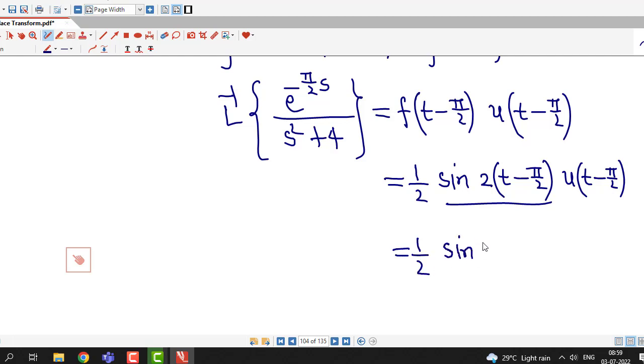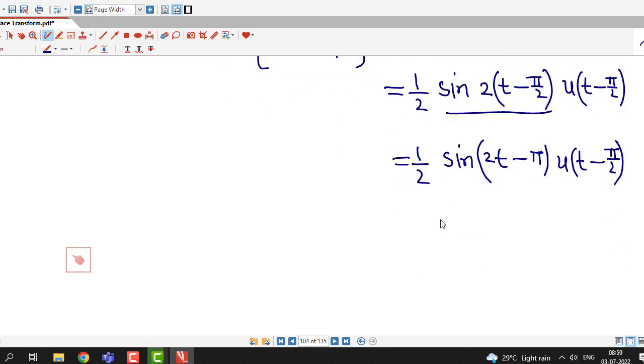So this is sin of 2 times t minus 2 into pi by 2, that is pi, into the unit step function at point pi by 2. And sine function is an odd function, so if we rewrite this as minus of pi minus 2t, we will have a negative sign outside.